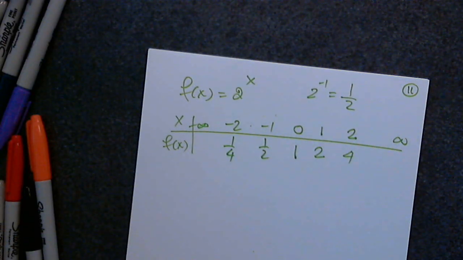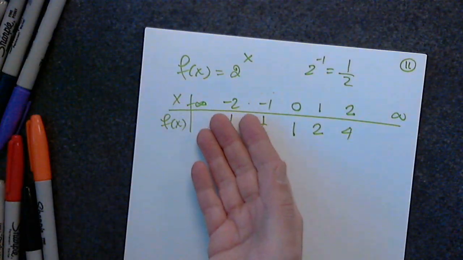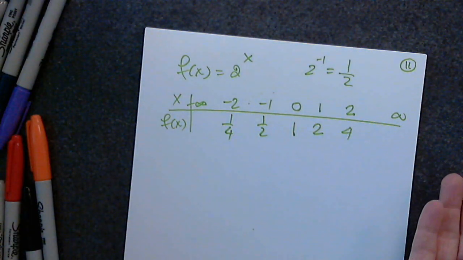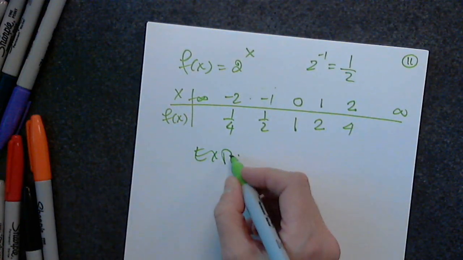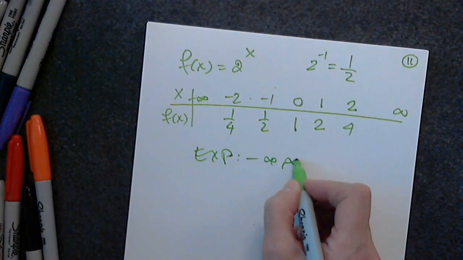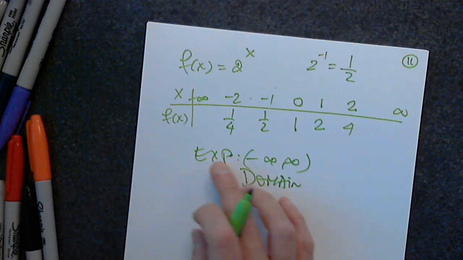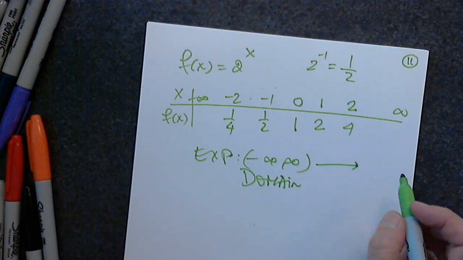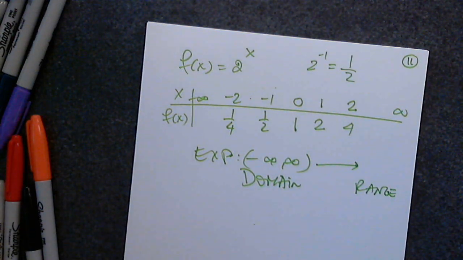What is its domain? Exactly, friendly function. So exponential is defined on negative infinity to infinity. So this is the domain. Any exponential, this is the domain. And in a moment, we will write the range. I don't have it yet. We have to discuss it first. I don't want to divulge it yet.